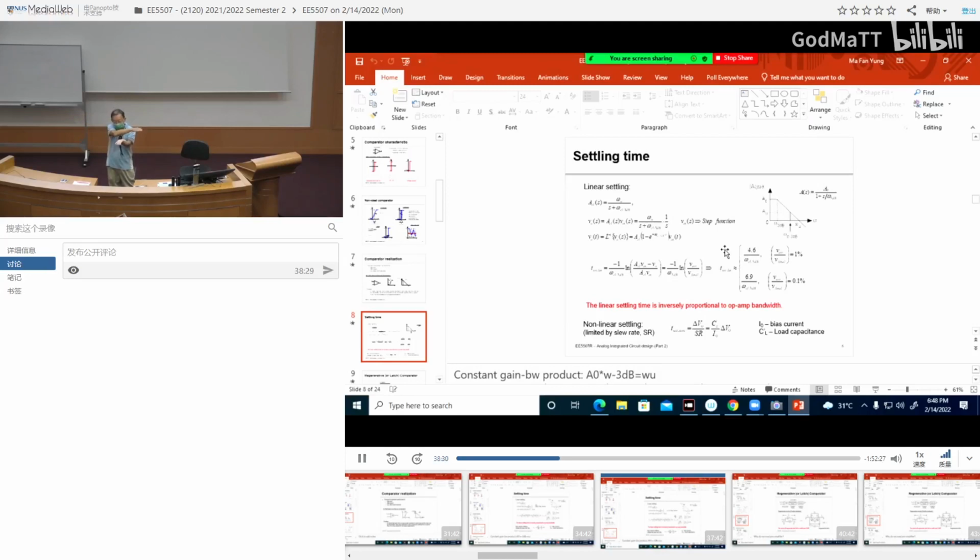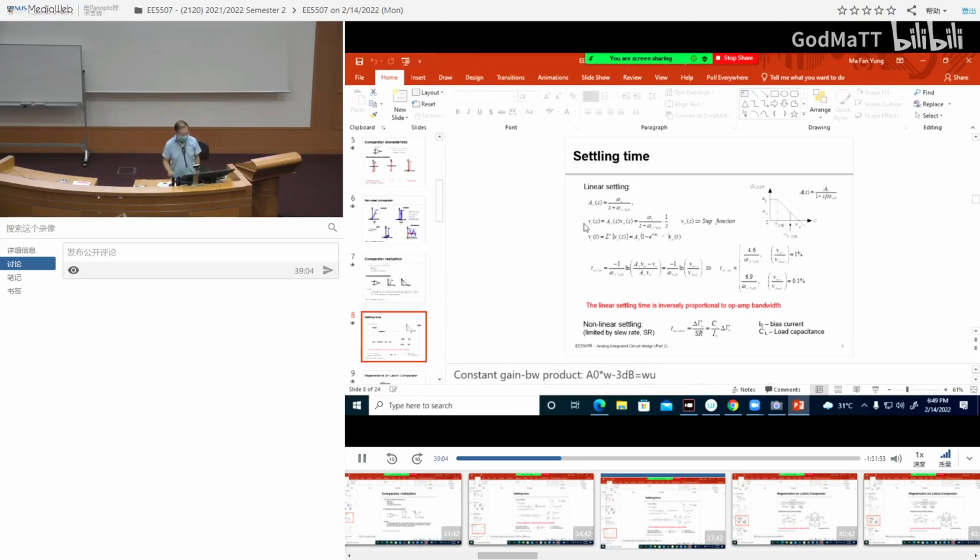The output goes 0 at time 0, then starts to come up exponentially. So is the biggest slope at large time or small time? Small time, right? Very simple: you have VR of t, you just take dVR of dt, and you will find the slope is biggest when t equals 0.